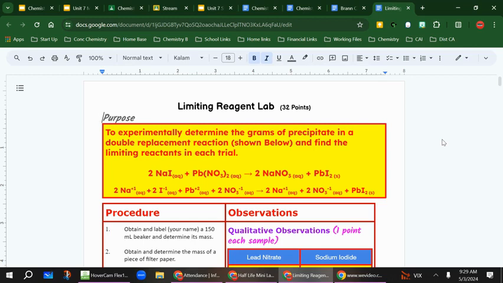But here's the good news. This stuff is in what form? Aqueous. Which means what? It's dissolved in water.